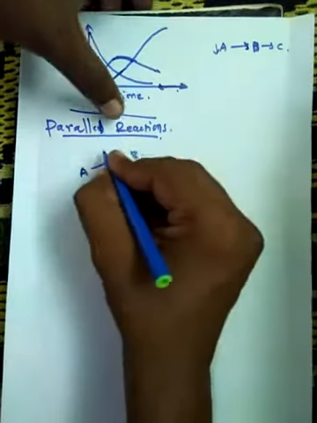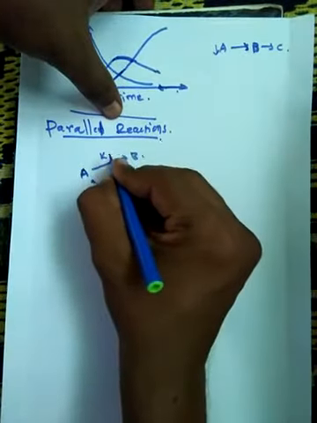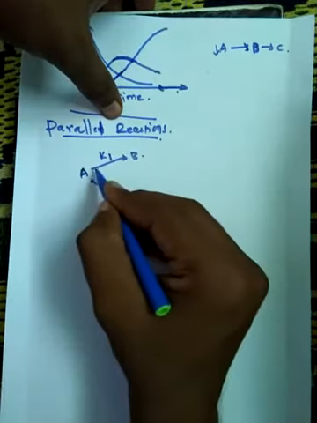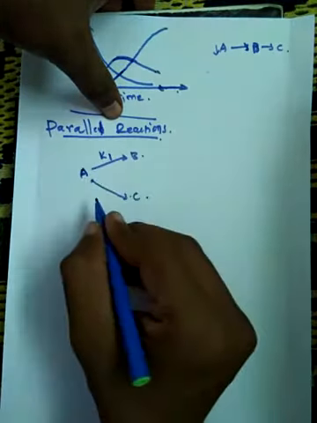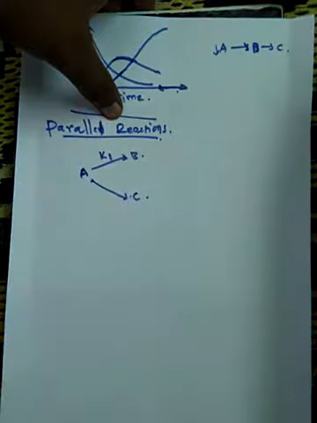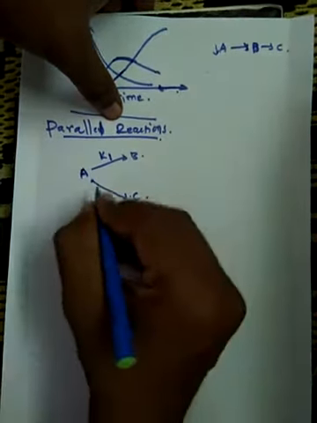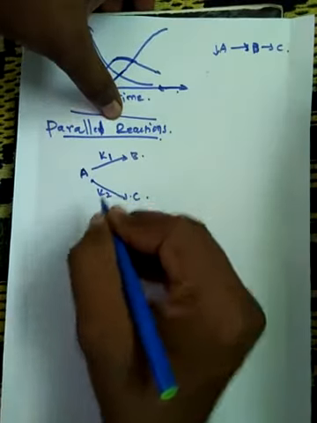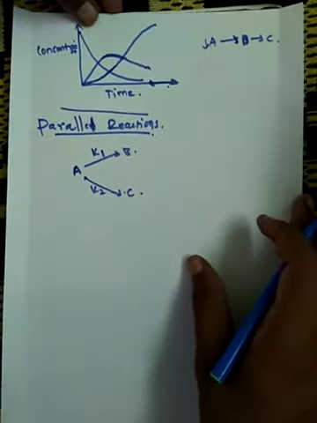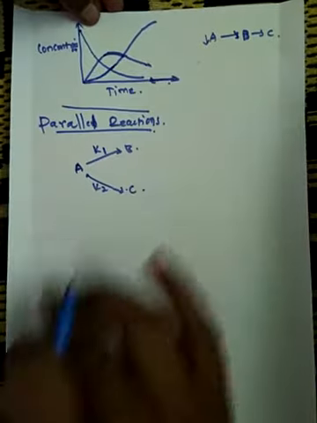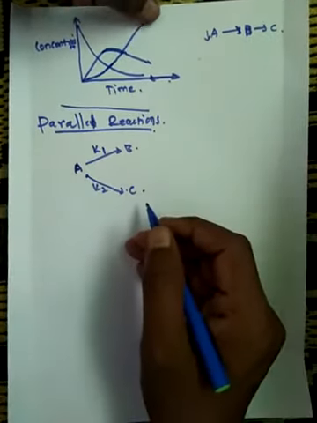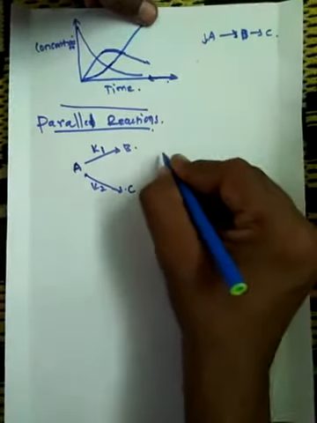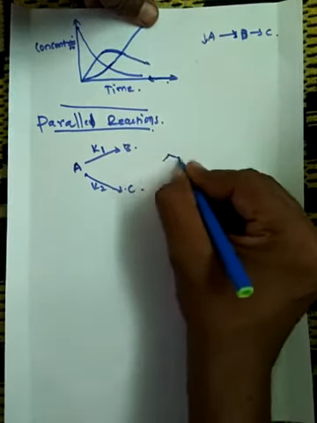Let me take K1 as the rate constant of this conversion, and K2 as the rate constant of this conversion. Here I'll write an example.